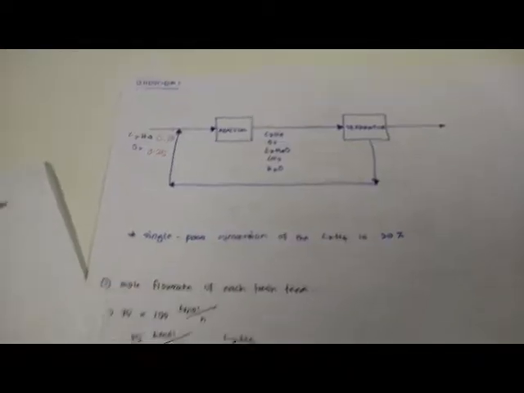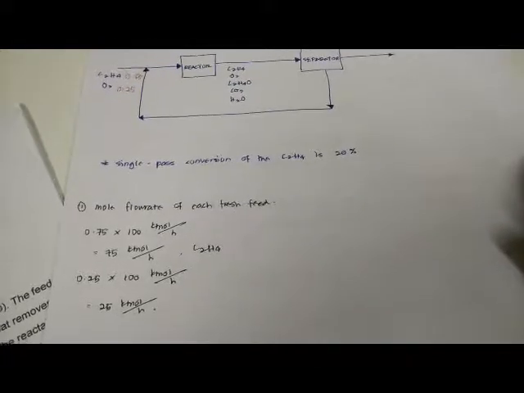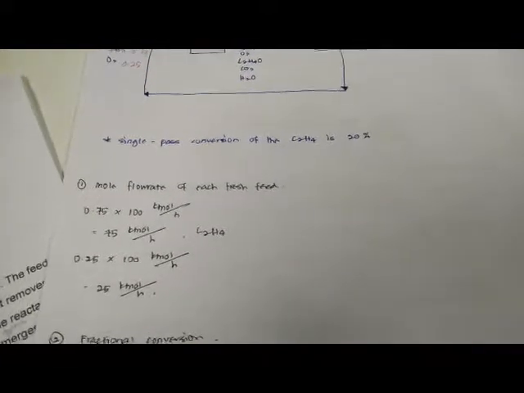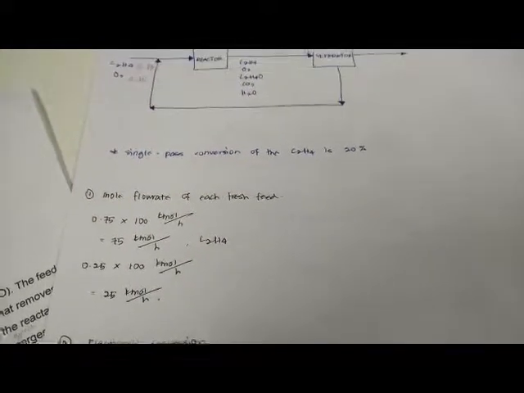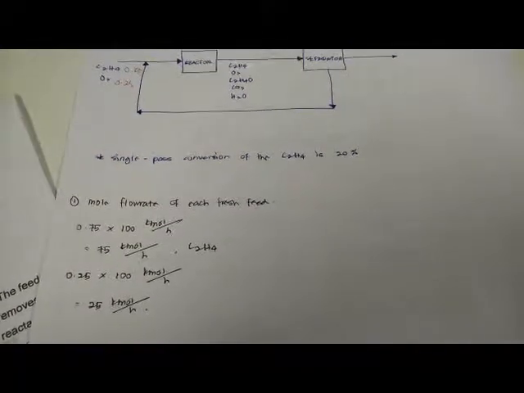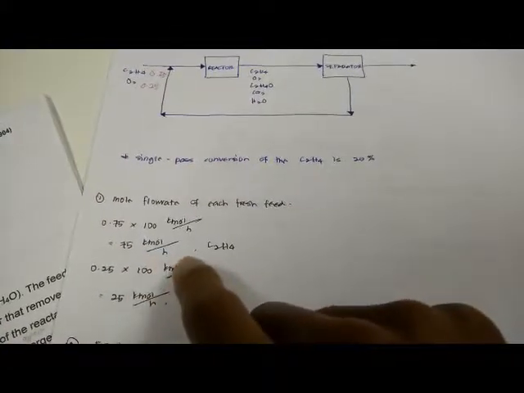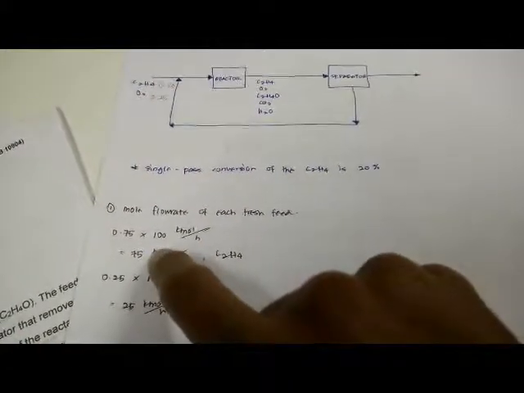So the first thing we need to do is calculate all the mole fraction for each fresh feed. For ethylene, we get 75 kmol per hour. How do we get this?